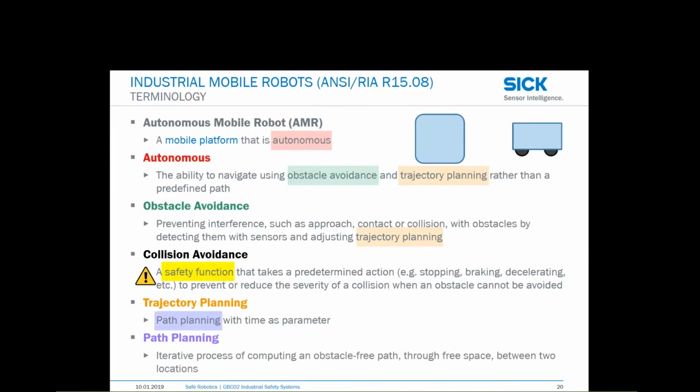Now, path planning is this iterative process of using different ways of computing an obstacle-free path. This can be AI-supported, cloud-based, could be map-based, also information taken from other AMRs operating in the same facility. This is a fleet, if you will, and fleet management throughout the space between any two locations that any given platform needs to navigate in.